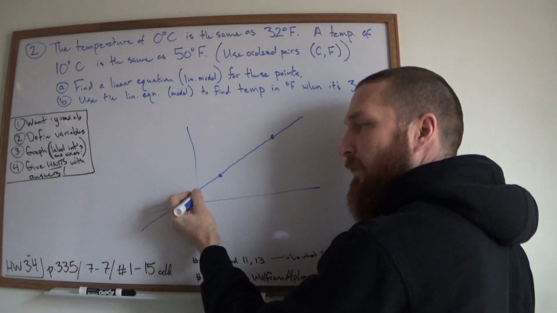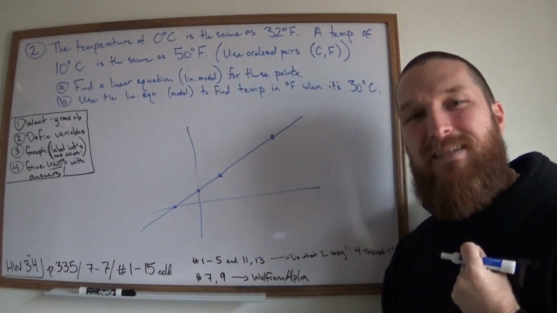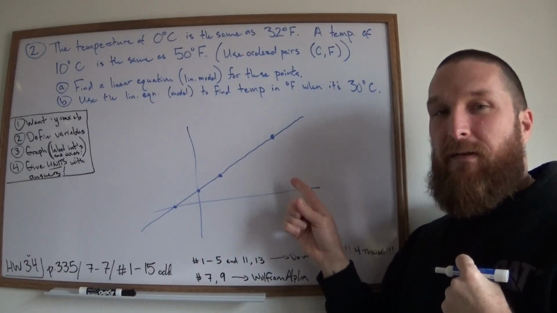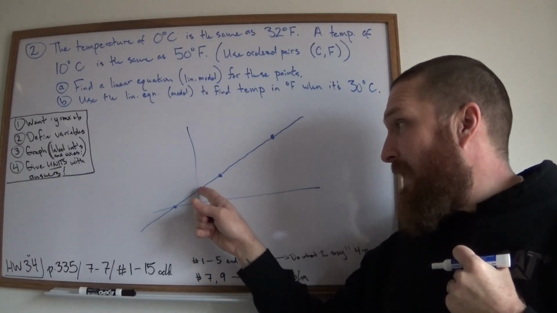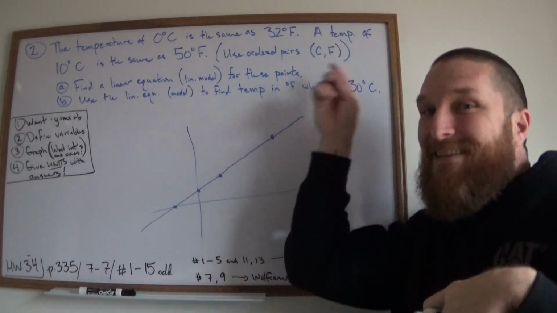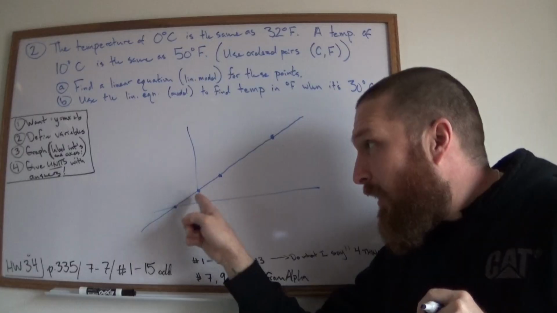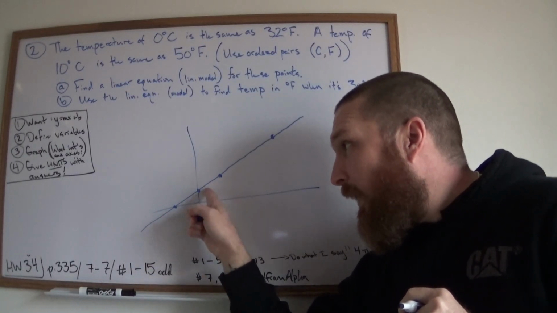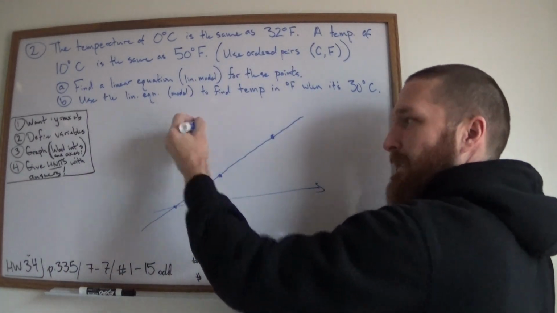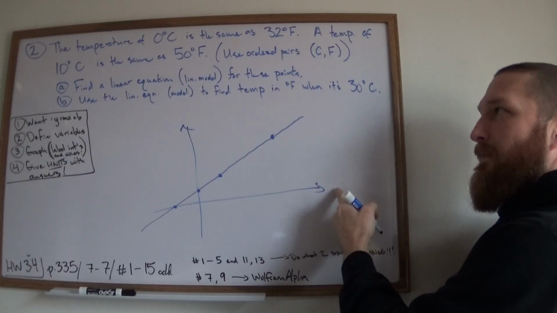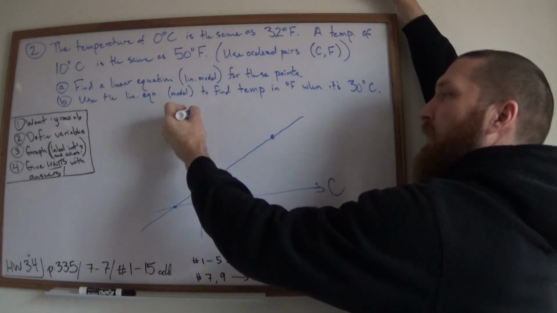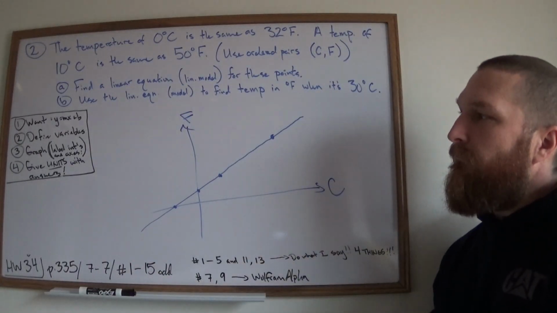I want to know what those intercepts are, because in my class, like I've said a bunch of times, every time you graph something, and it goes through the x-axis or the y-axis, or the input axis and the output axis, the C-axis and the F-axis, I want to know where it goes through. So you will label where those intercepts are. You will also label the axes, right? And is this going to be x and y? No, it tells us that it's not x and y, it's C and F. So it's going to look something like that, okay? So that's 3.